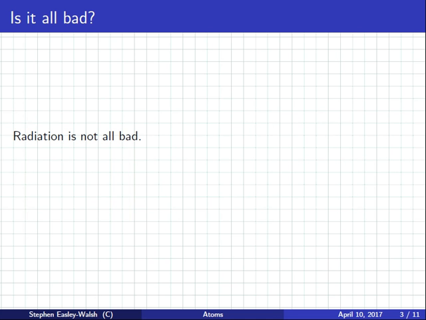So on Earth, the radiation we deal with in day-to-day life is alpha and beta. Alpha is easily stopped by your skin, so it's not that dangerous unless it gets into your food. Beta could even be stopped by your clothes. So it's not too bad, but not only is it not all bad, it actually has some uses.